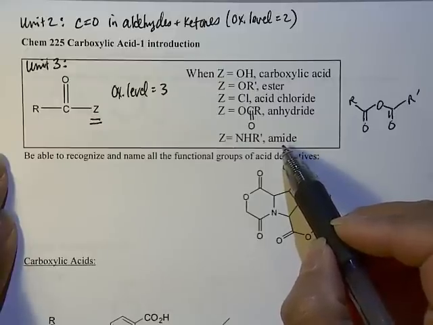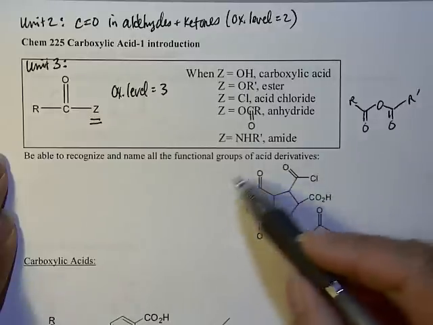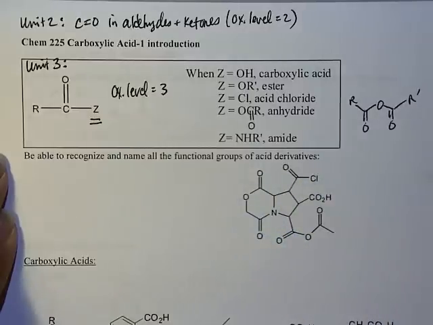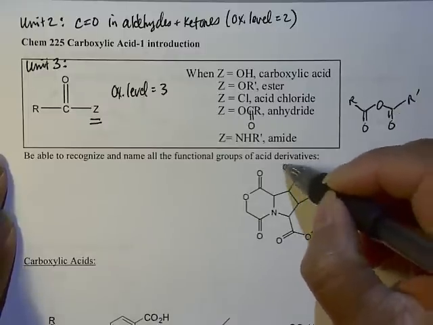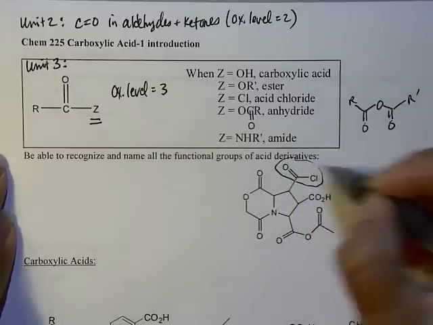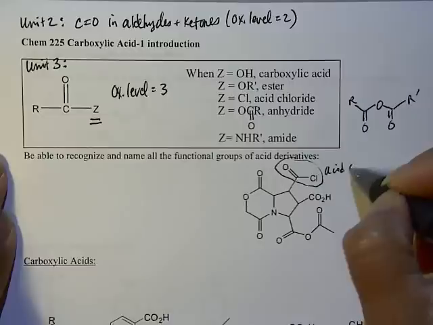What I'd like you to be able to do at this point is look at a very complicated structure and be able to recognize and circle the different functional groups that you just learned. For example, the C-Cl is an acid chloride.